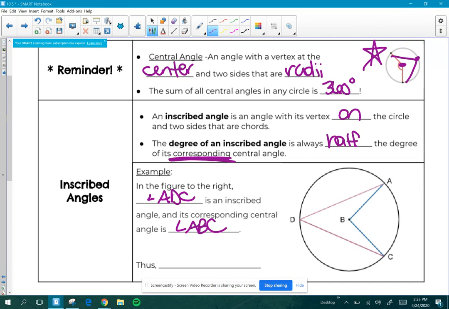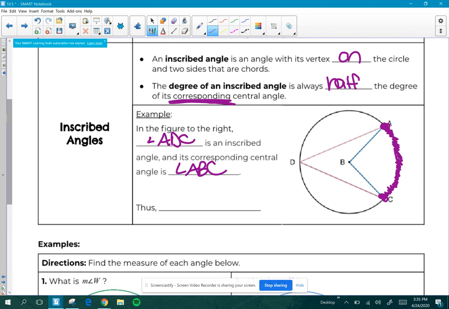The reason why angle ABC is the corresponding central angle to angle ADC is because if you look, they both map to the same arc, this arc AC here. And angle ADC has edges at A and at C. Angle ABC meets at A and meets at C. So they share those points, they share that whole arc, so that classifies as a corresponding central angle.